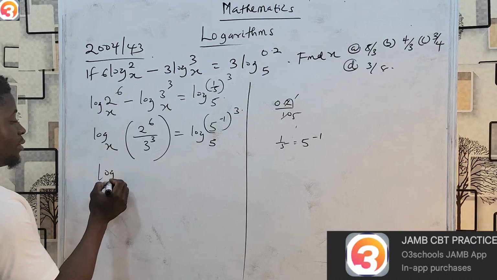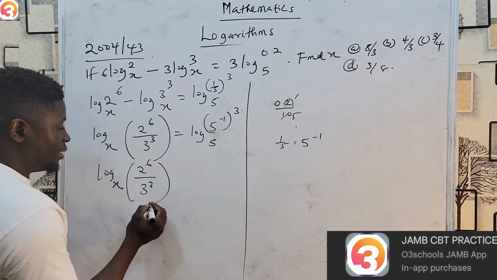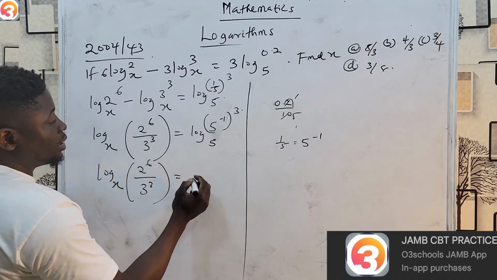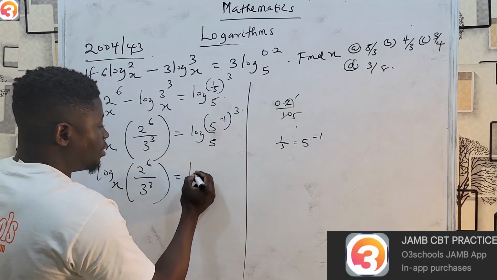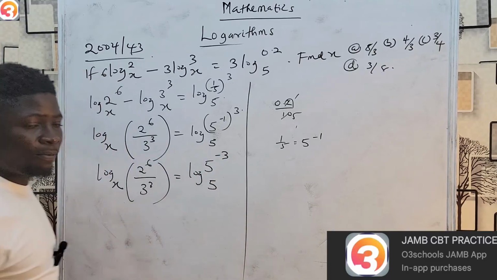So the logarithm base x of 2 raised to power 6 over 3 raised to power 3 is equal to the logarithm of 5 raised to power minus 3, base 5.